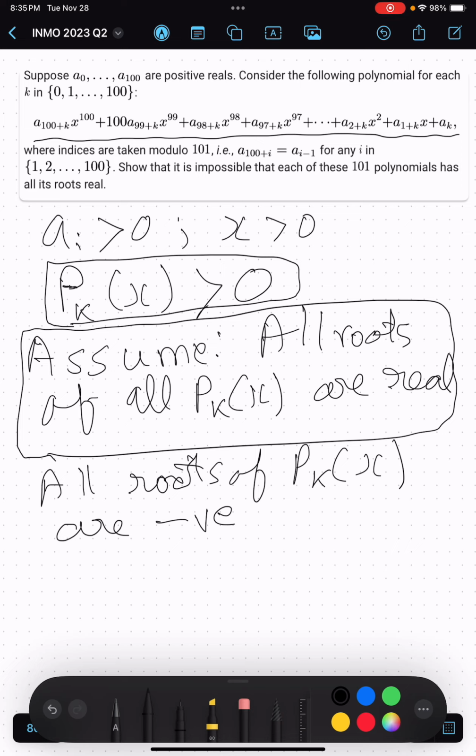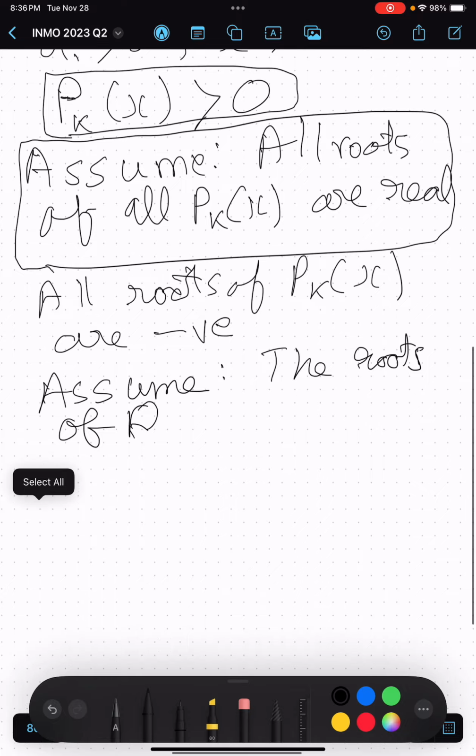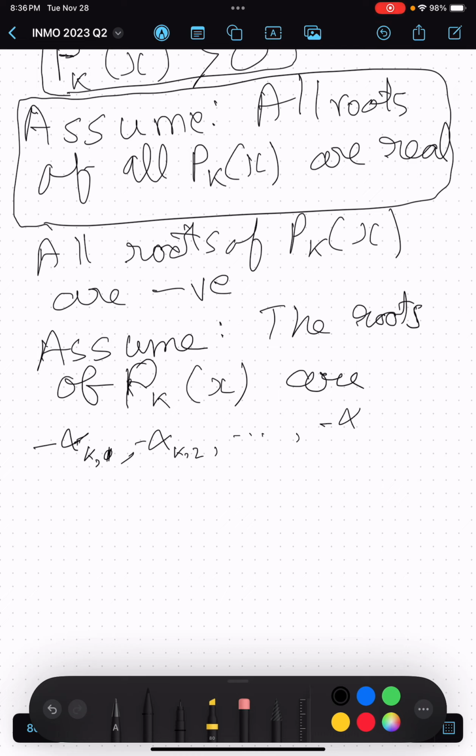So assume the roots of p_k(x) are minus alpha_{k,0}, minus alpha_{k,1}, minus alpha_{k,2}, up to minus alpha_{k,100}.